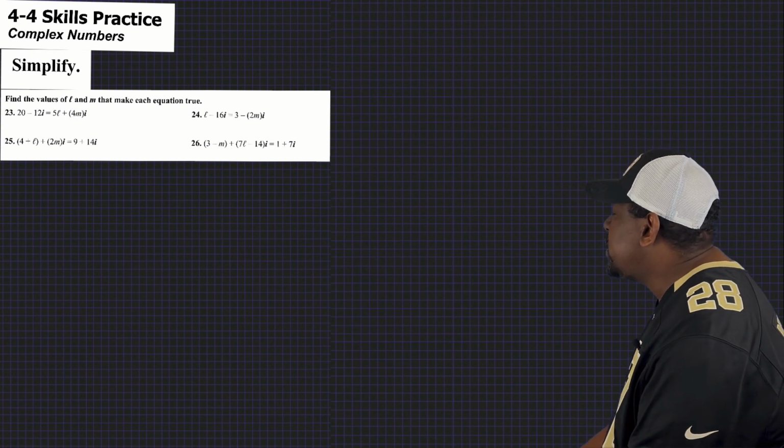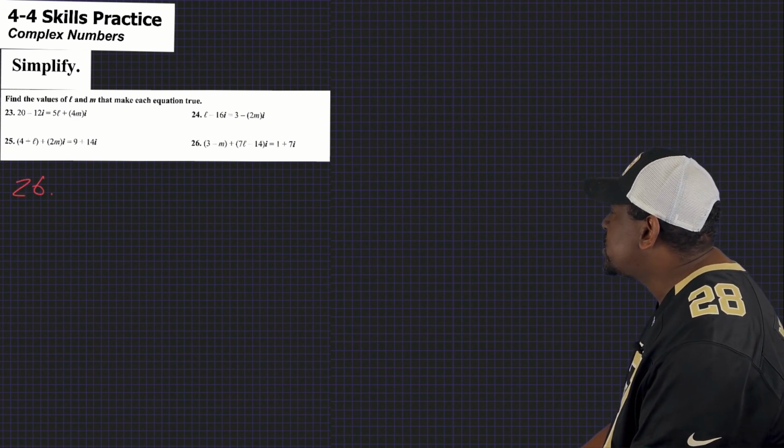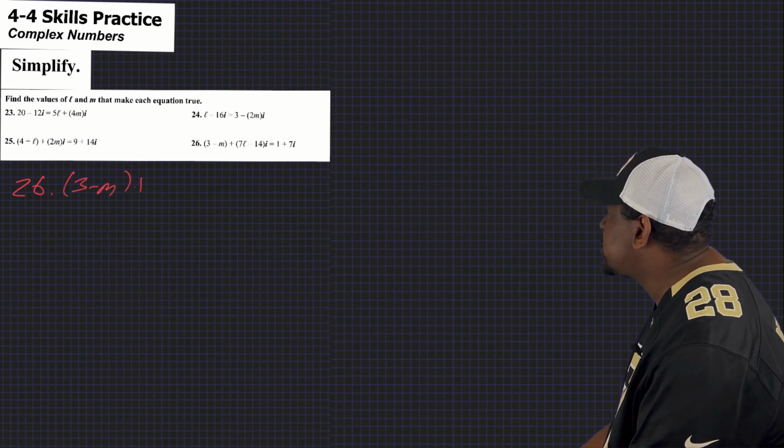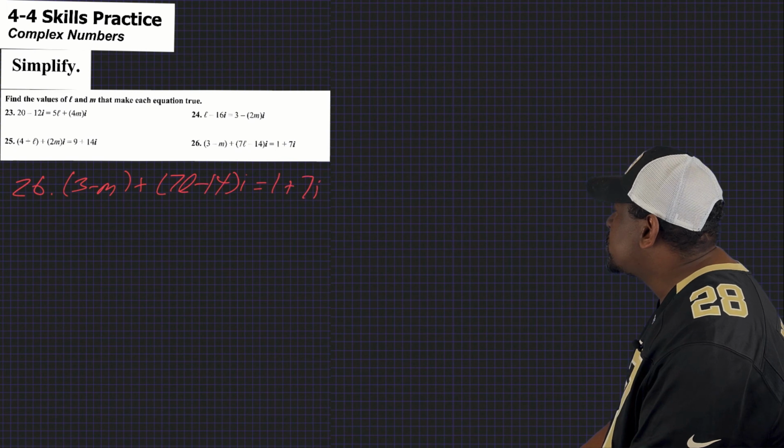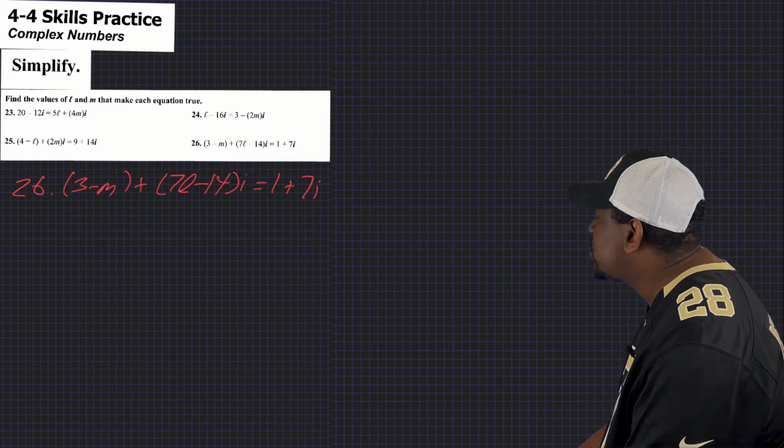And what you do to simplify and solve this for L and M is you have to set each of the separate terms equal to one another on the left and the right side of the equal sign. You'll see what I'm saying in a sec. So we'll do number 26. We have 3 minus m plus 7l minus 14i equals 1 plus 7i. So what we want to do is put the like terms together.